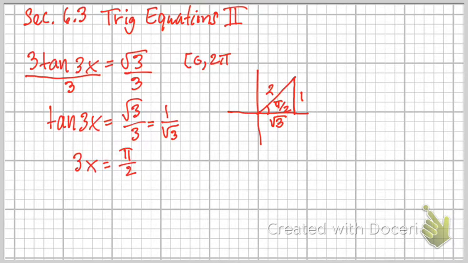Okay, now again, keep in mind here, I'm also going to take a look at where 3x is equal to. Now think about this. It's generally for tangent that the period is pi instead of the 2 pi for the previous problem.